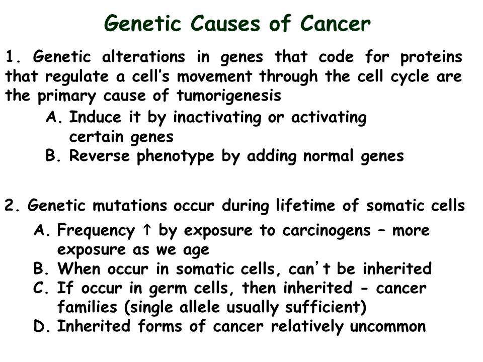The frequency will increase by exposure to a carcinogen as you get older. And when they occur in the somatic cells, kidney cells or liver cells or something, we're not going to pass it on to our children. So it can't be inherited. Again, however, if it occurs in the germ cells, it can. But as I've already said in a previous slide, inherited forms of cancer are relatively uncommon.